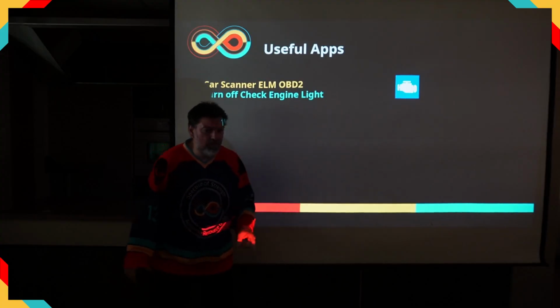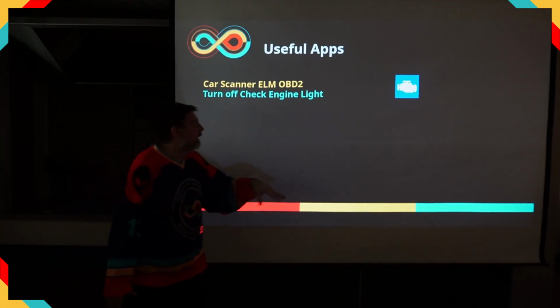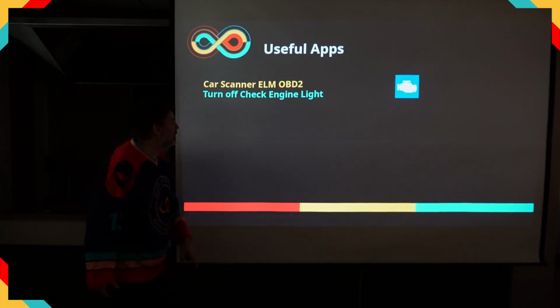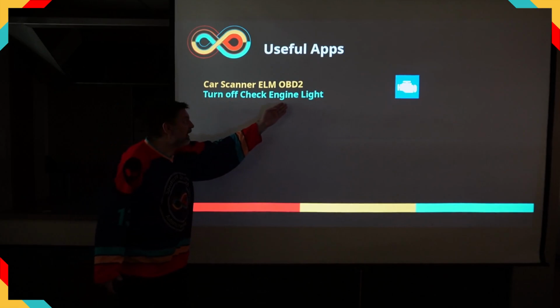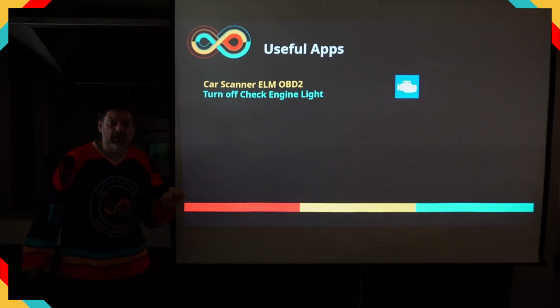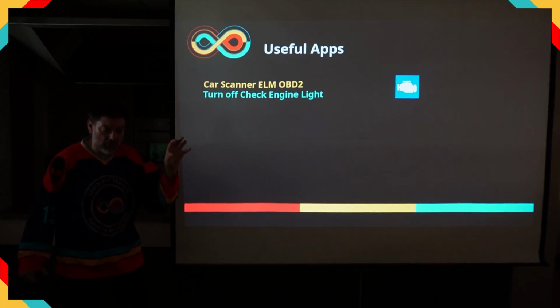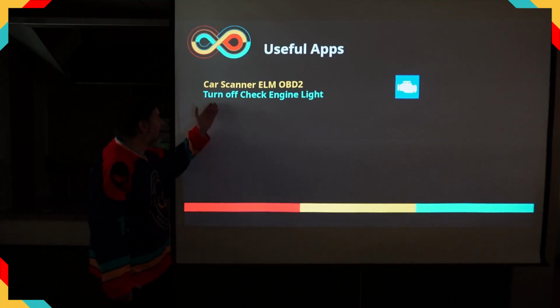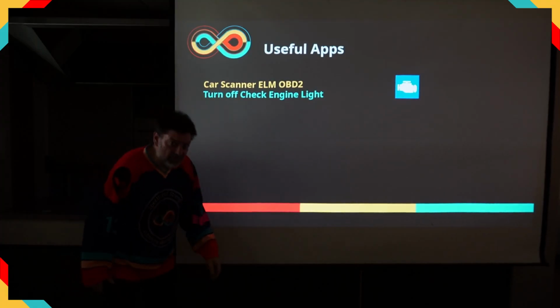Then you turn on the app on your phone, and then your phone will talk to your car's computer, and you can get, if the check engine light is on, the app will tell you what the code is, with not just the number of the code, like the actual English language description of it. And you can actually turn the check engine light off if you want to.